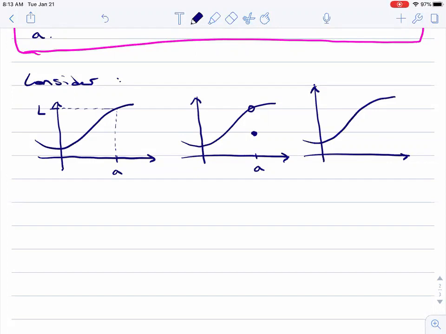The limit of this function as x approaches a is still going to stay on that curve. So it doesn't care if there's a gap. So the limit here would still be L.